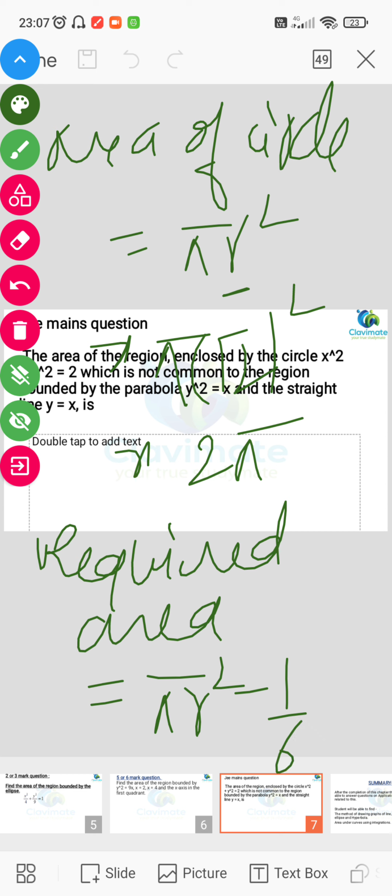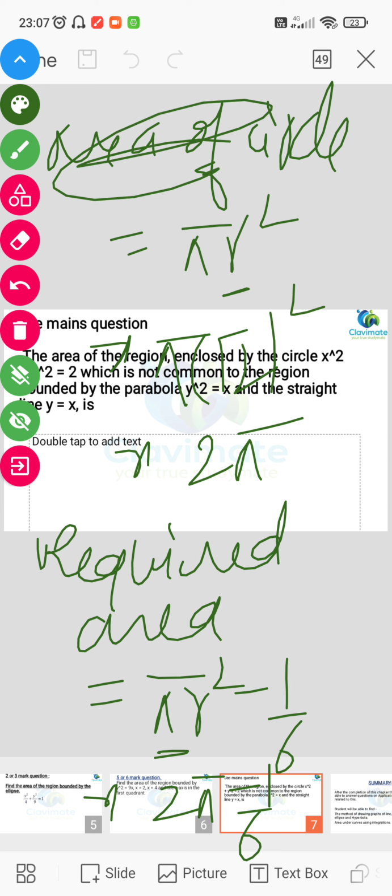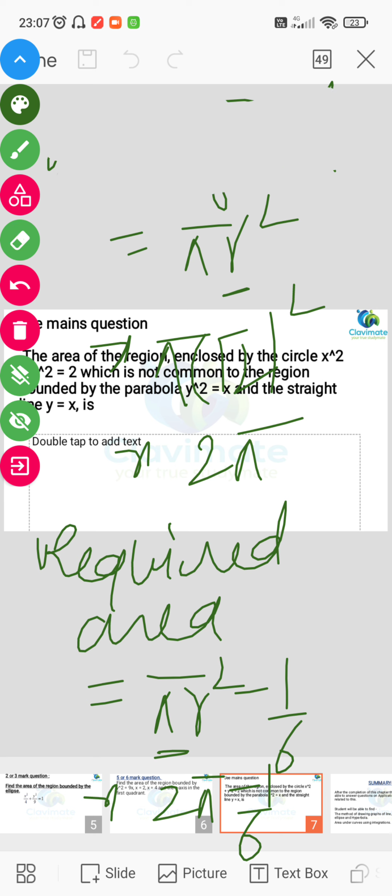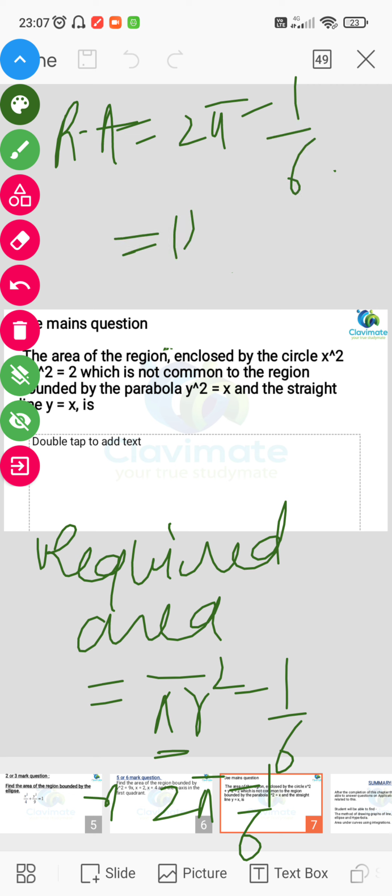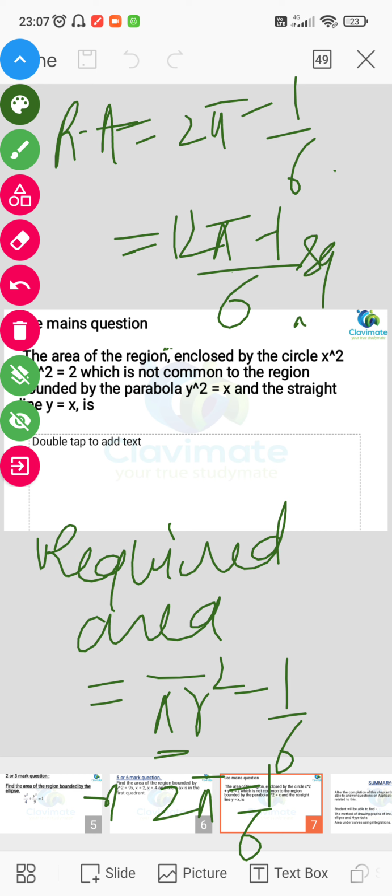Sorry, it is 2 pi minus 1 by 6, which is equal to (12 pi minus 1) by 6 square meter, right? So this is our required area, which was being asked in the question.